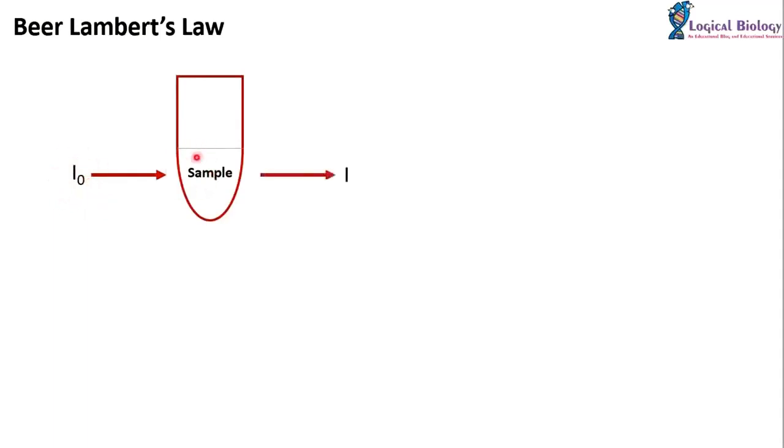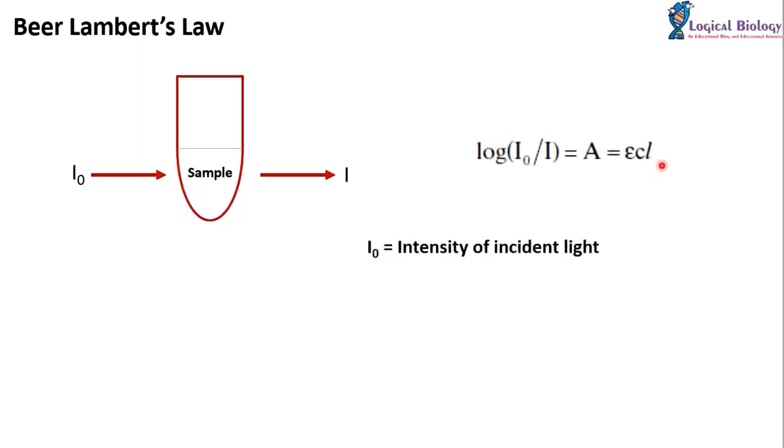Then this sample absorbs this light and the remaining light passes through it, having the intensity of I. So according to Beer-Lambert law, log of I0 upon I is equal to A is equal to epsilon C into L. In this equation, I0 is the intensity of incident light, I is the intensity of emitted light, and log I0 upon I is equal to A, that is defined as absorbance.